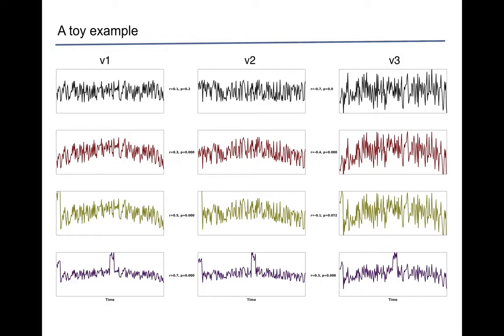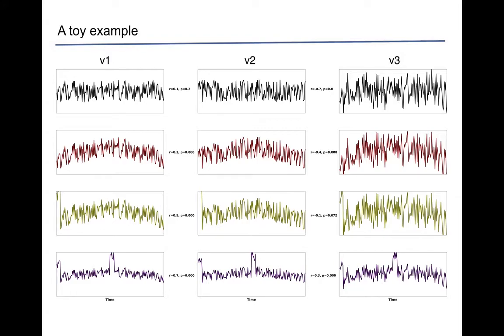In the third row, I changed the intensity of the first few reps. And again, the correlation between V1 and V2 increased even more, and between V2 and V3 it is not significant anymore. And in the last row, I added a few outliers in the middle of the time series.